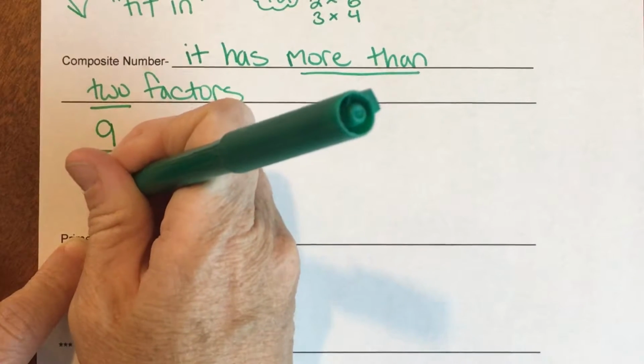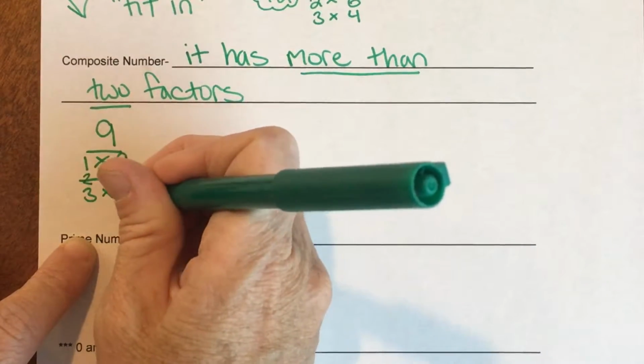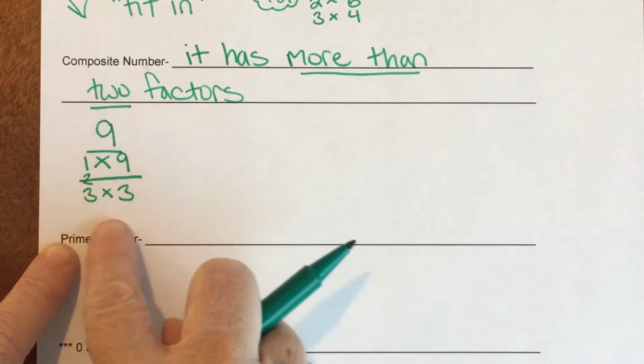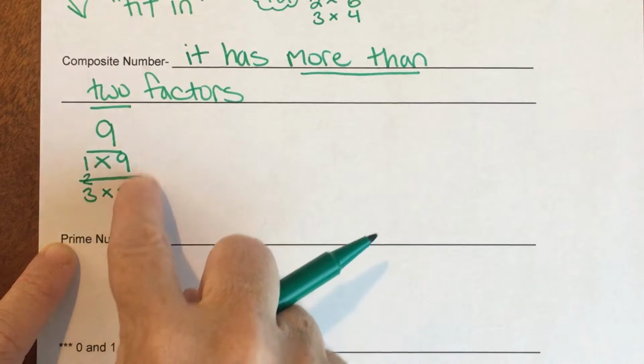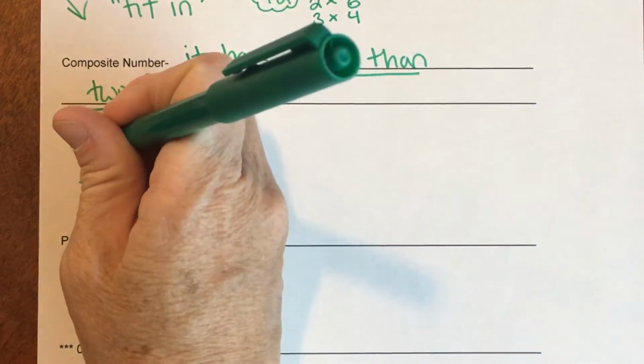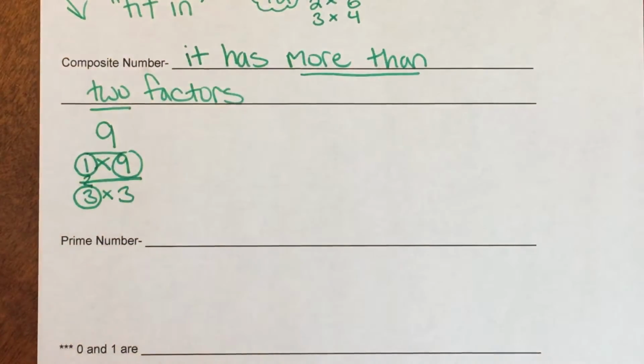That didn't work. What about 3? 3 times what will give me 9? 3 will. And I'm going to stop because once I have what's called a repeat here in the second column, then I know I've hit all of them. So 9 has 3 factors. It has 1, 3, and 9. It has a total of 3 factors.